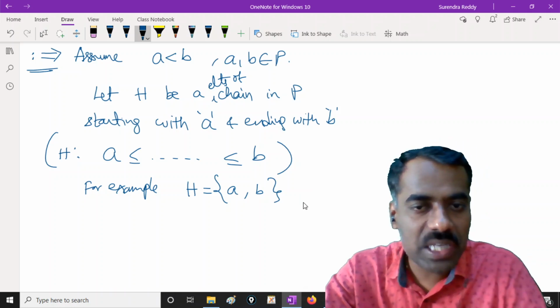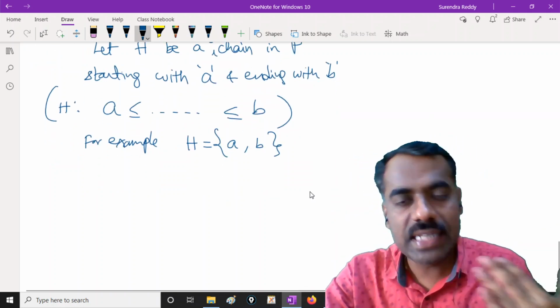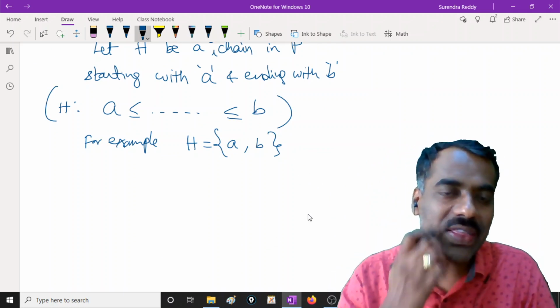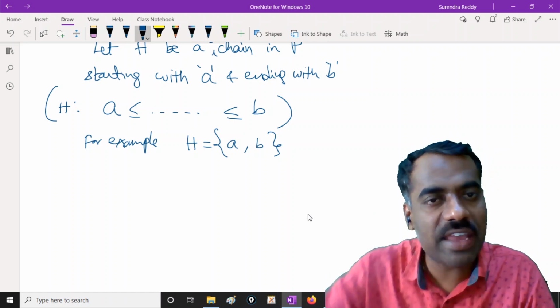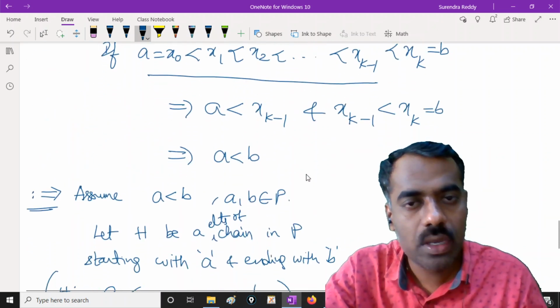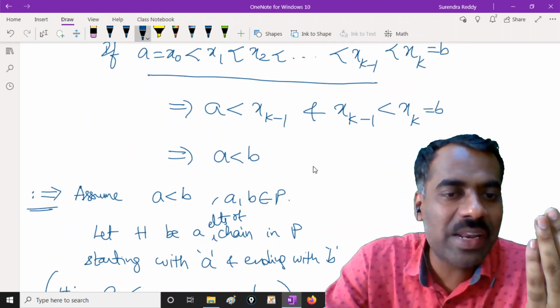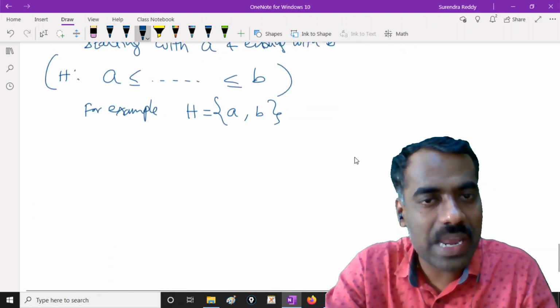So you can take obviously these two elements also, and you can consider all possible such chains and their elements. Among that, we will consider the maximum. It is possible in the finite case: whenever you consider all possible chains, because of finiteness you will have only finitely many, and among them you take the one with the maximum number of elements.